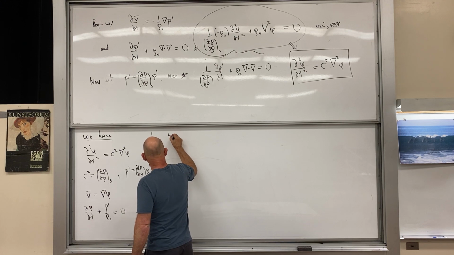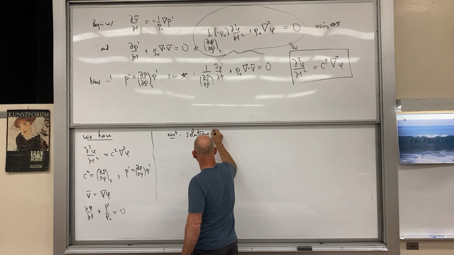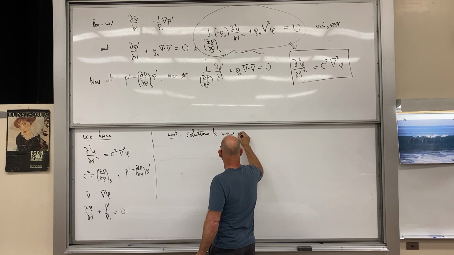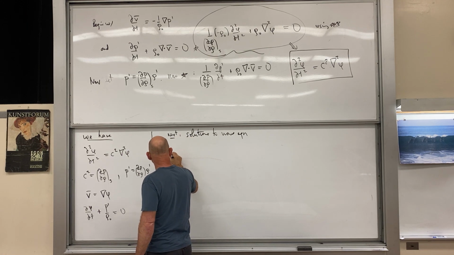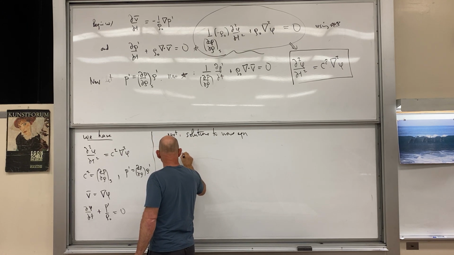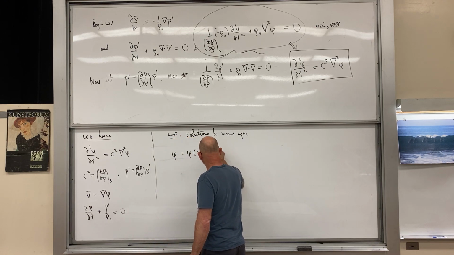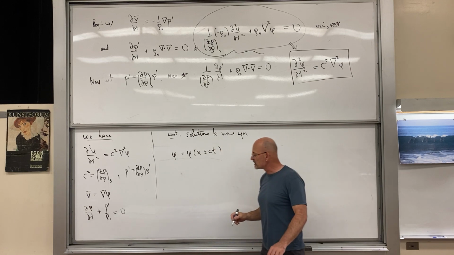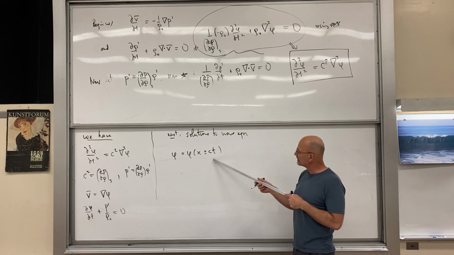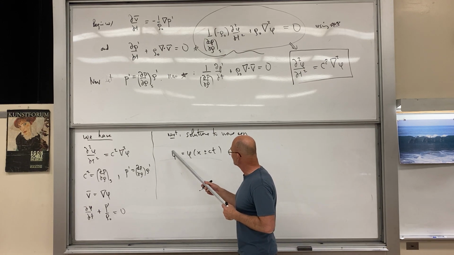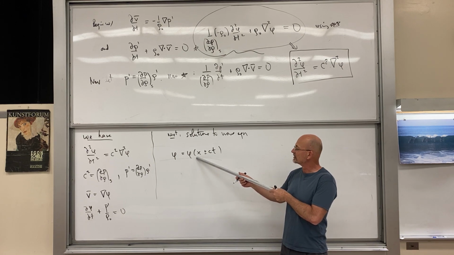Okay, so next, solutions to the wave equation. So we're looking for solutions phi of x plus or minus c times t. So any function of this form we can immediately see is a solution to the wave equation because two time derivatives brings out a c squared times two space derivatives.